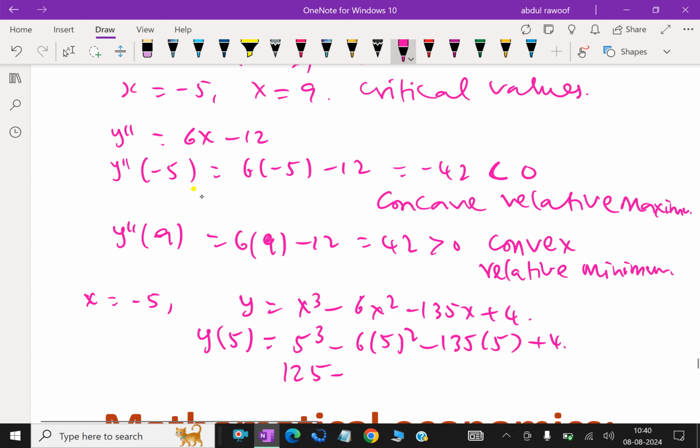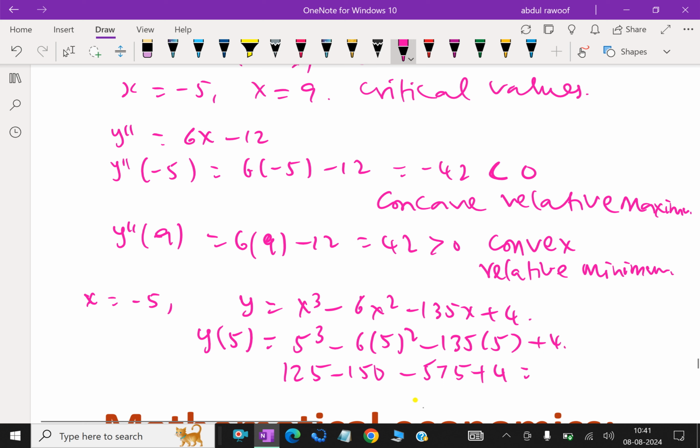Which is equal to 125 minus 25 into 6 is 150, and 5 times 135 is 675, then plus 4.